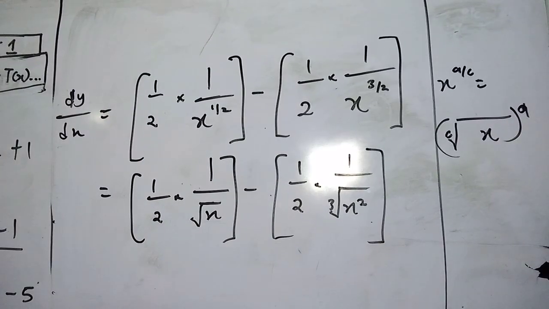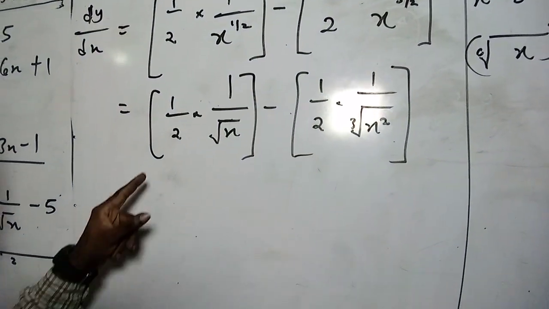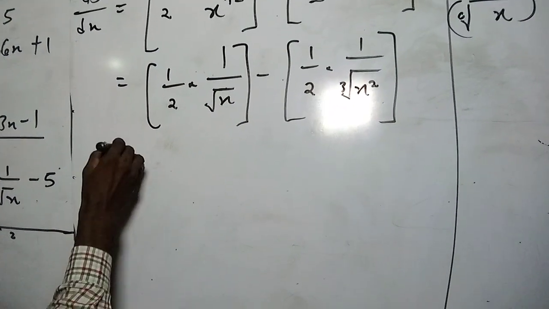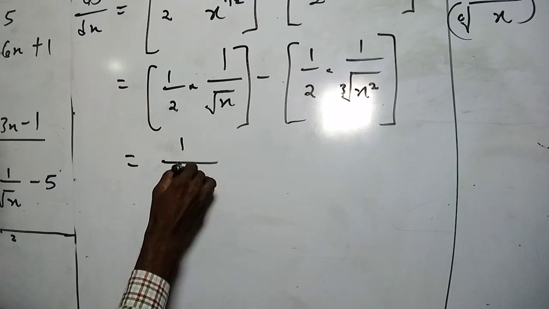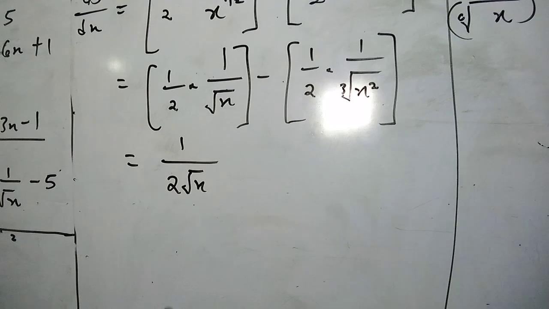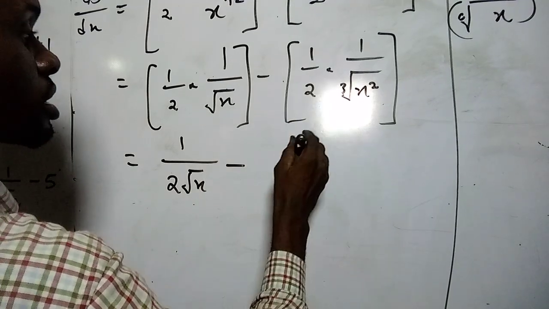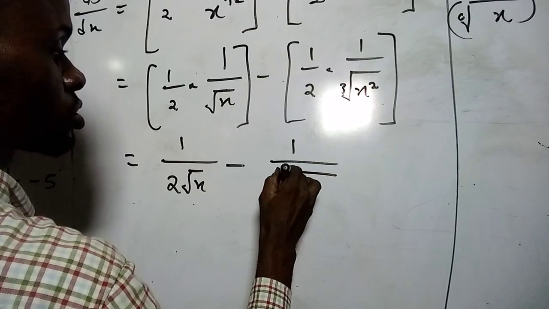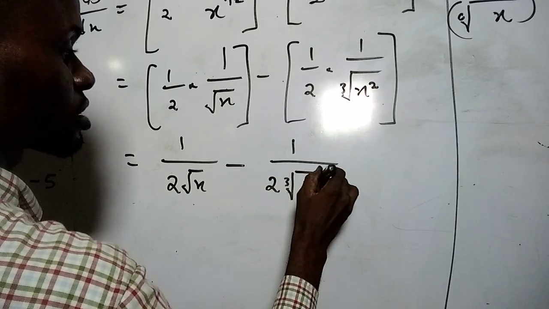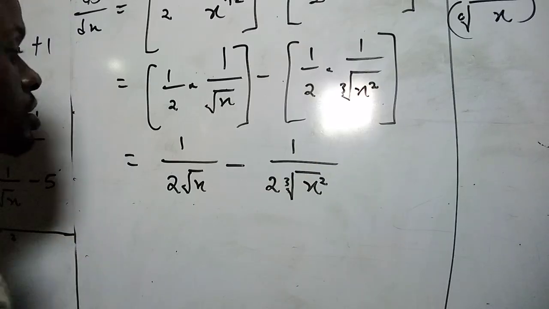So we're almost done. Then what we have here now gives us 1 over 2 times this, which gives us 2 with x, minus, this time, this will then give us 1 over 2 times the cube root of x squared. So that's what we have there.